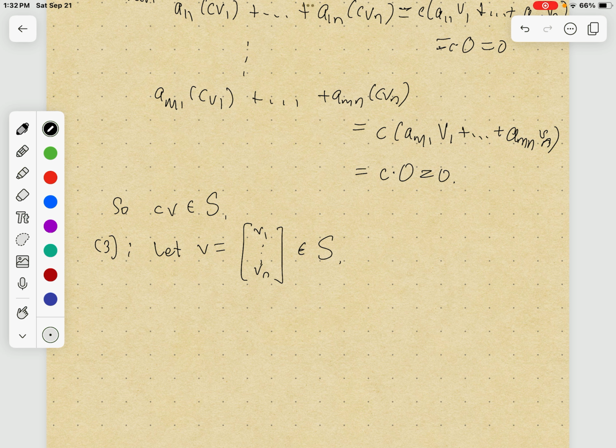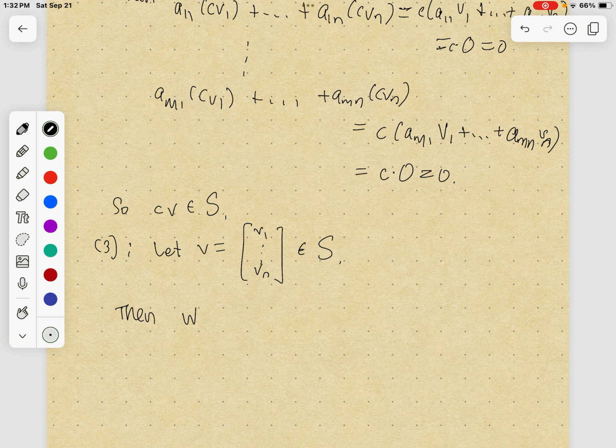Then is there a vector such that v plus that vector is the 0 vector that is also in S? Well, yes.